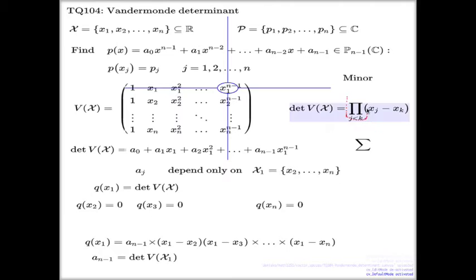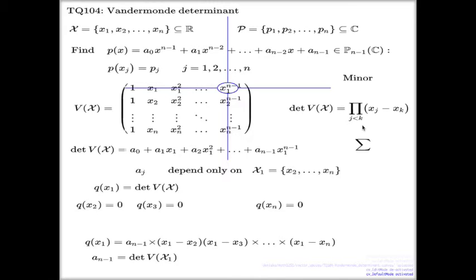When you see this capital Greek letter pi, it's just as good as a sum, but this time it's a product of all such brackets for all possible pairs of j and k as long as j is less than k. And that's the value for the Vandermonde determinant we have just discovered from this beautiful argument of Vandermonde. If you look back at the interpolation question, now we see what?